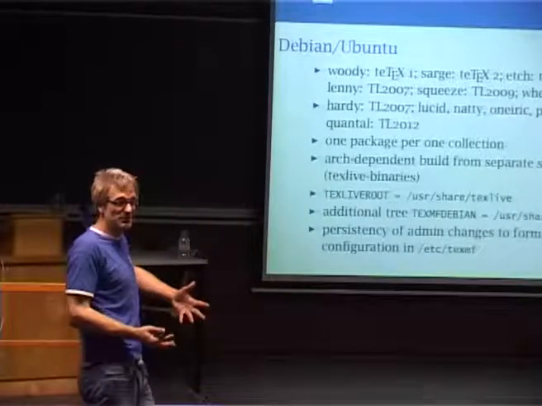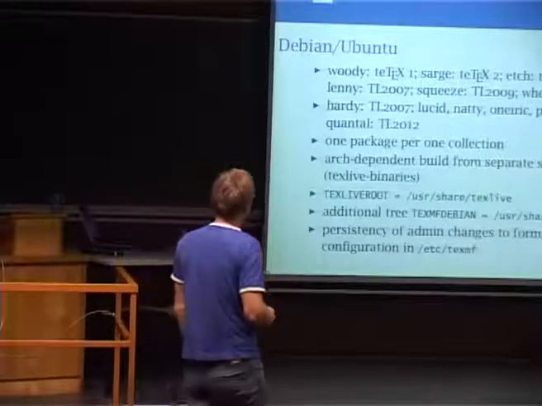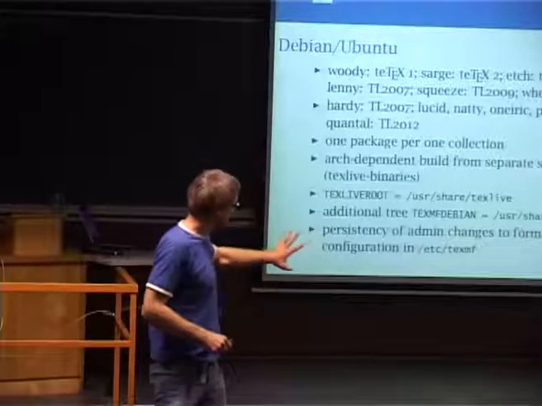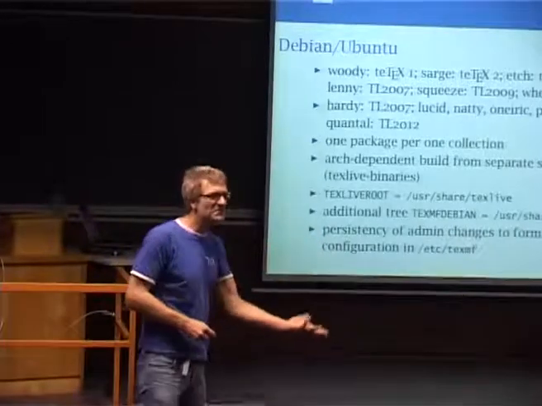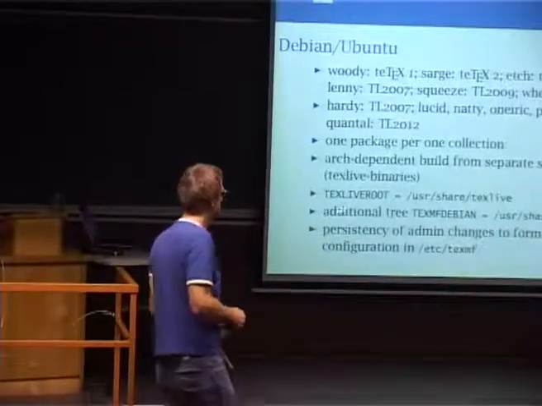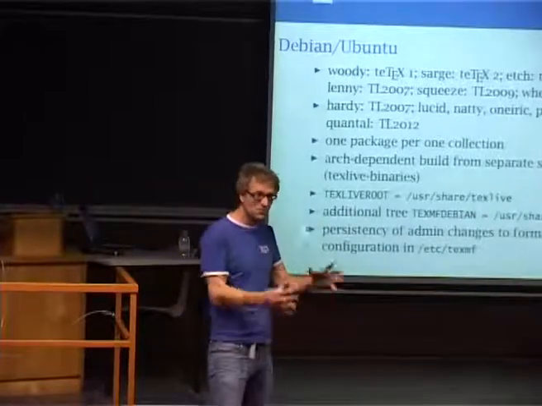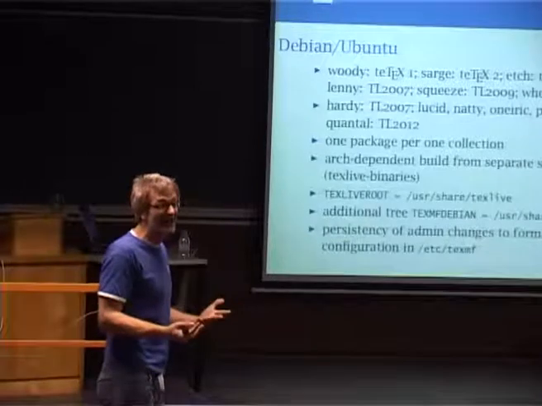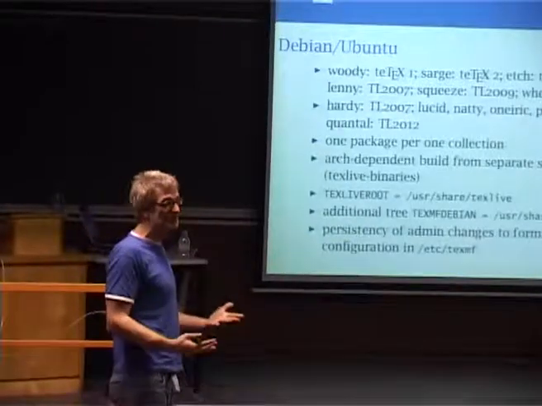So we have one package per collection. Also, something I will mention a bit later on: the architecture-dependent files, so the real binaries, not scripts, are built from a different source package and also ship in a different binary package, while we want to keep duplication to a minimum.